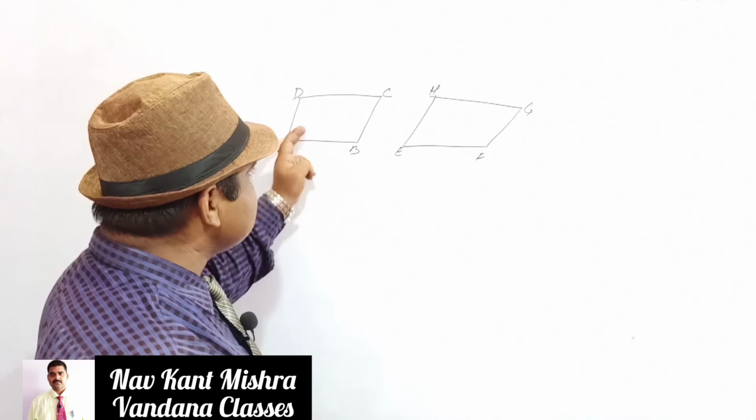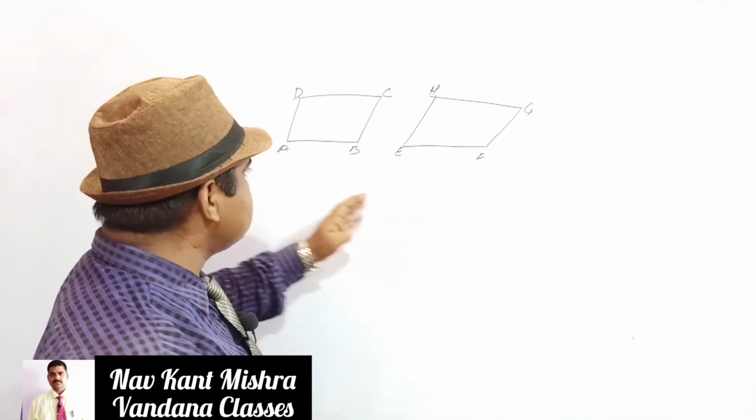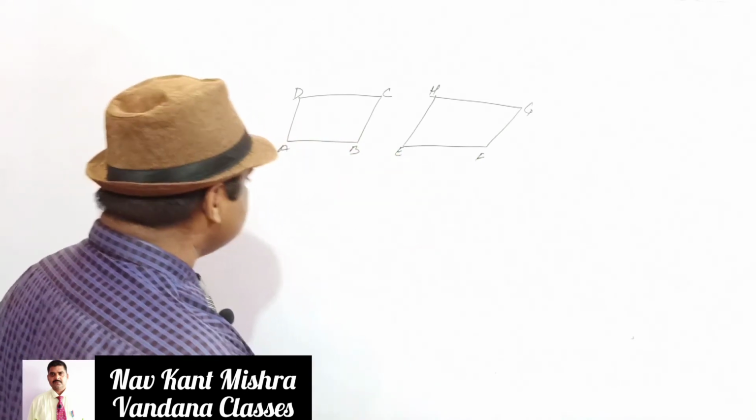Another example: I have taken two quadrilaterals ABCD and EFGH.